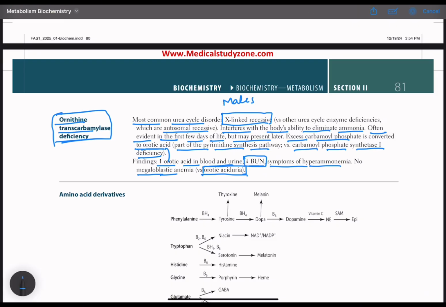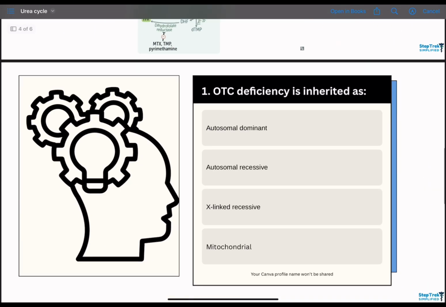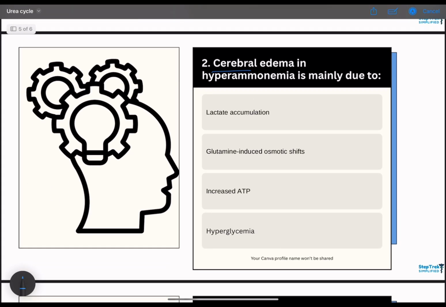Now let's have some memory drills. OTC deficiency is inherited as autosomal dominant, autosomal recessive, X-linked recessive, or mitochondrial. And the correct option is X-linked recessive. The second: cerebral edema in hyperammonemia is mainly due to lactate accumulation, glutamine-induced osmotic shifts, increased ATP, or hyperglycemia.